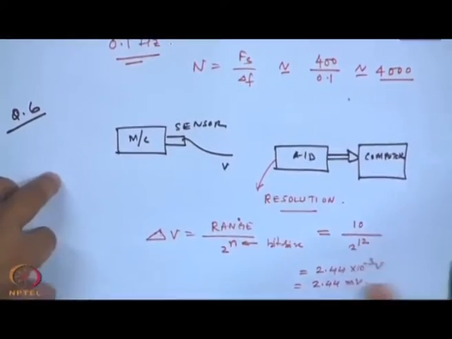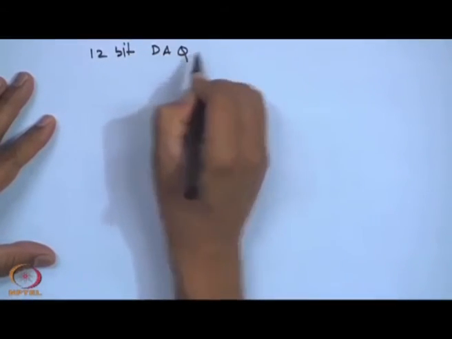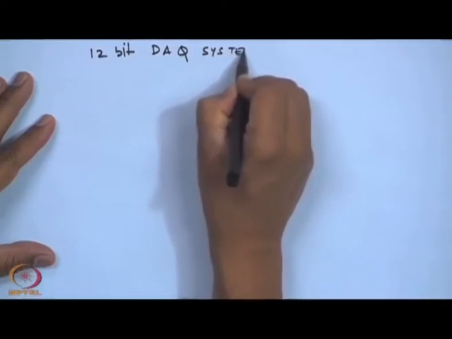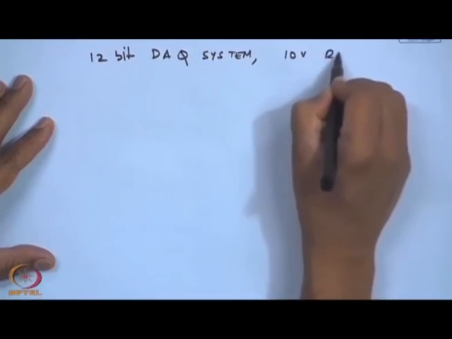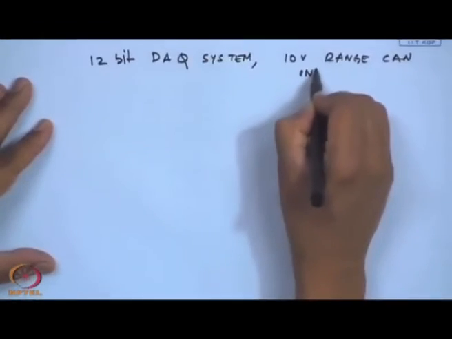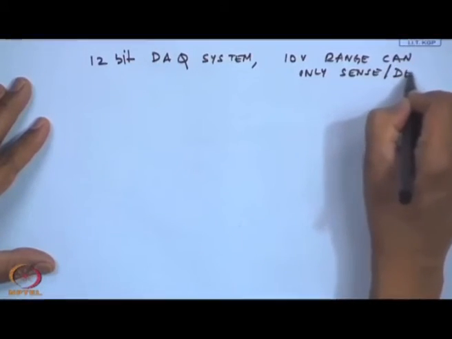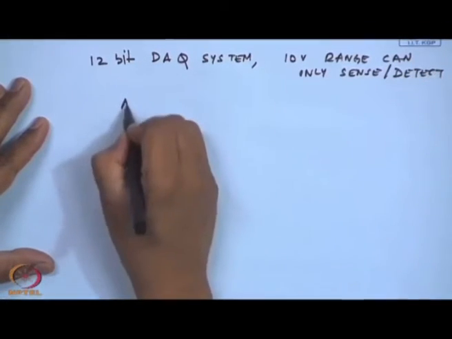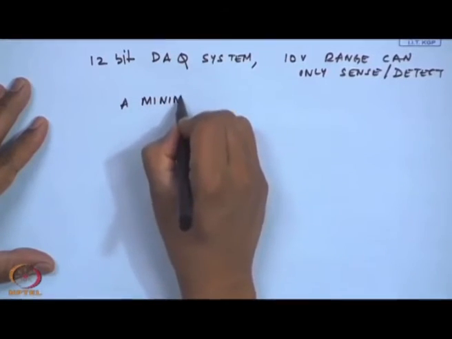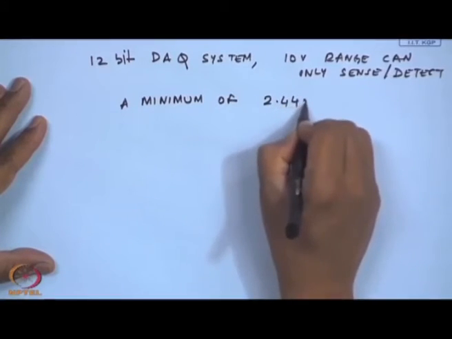So, in other words, a 12-bit DAQ system with 10 volt range can only sense or detect a minimum of 2.44 millivolt.